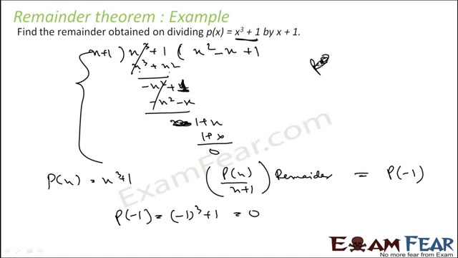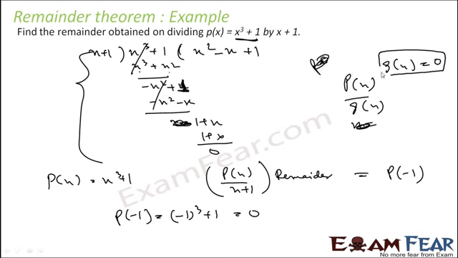For p of x by g of x, you say g of x is equal to 0. You find the zeros of g of x, and that zero of g of x you put here, that will give you the remainder. When you say p of x by g of x, the degree of p of x has to be more than the degree of g of x.